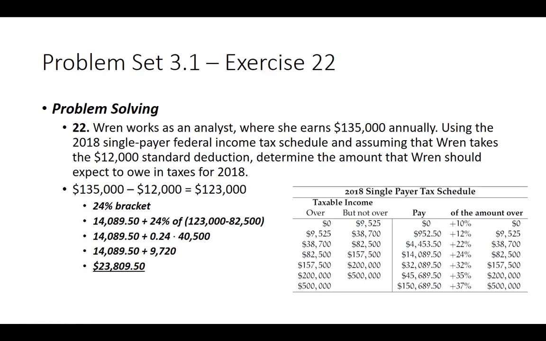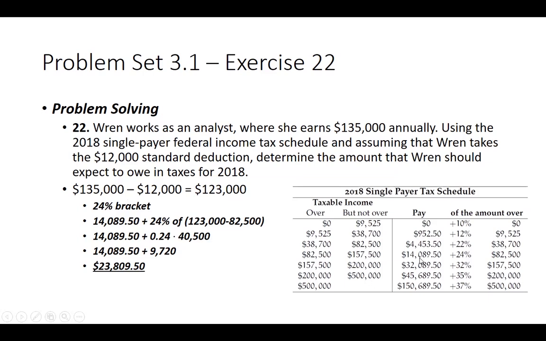Number 22. Wren works as an analyst where she earns $135,000 annually. Using the 2018 single-payer federal income tax schedule, and assuming that Wren takes the $12,000 standard deduction, determine the amount that Wren should expect to owe in taxes for 2018.